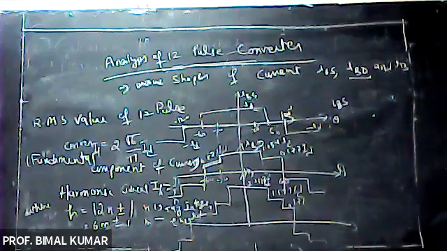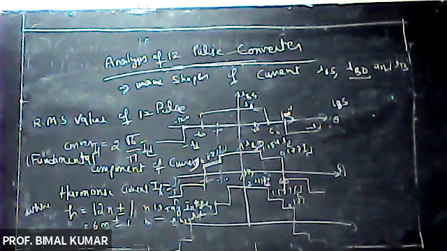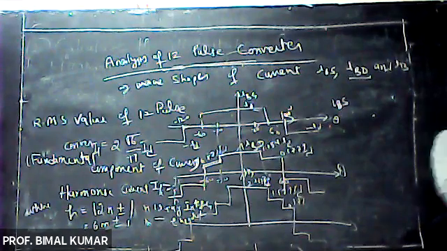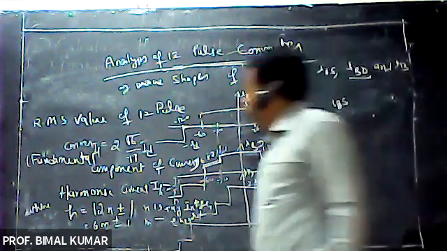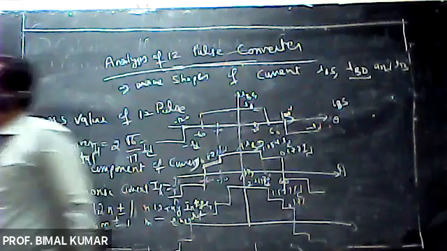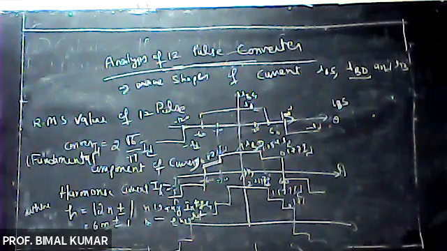This can be generalized to the case whenever m is an odd integer, right? So these currents, these wave shapes represent the different components of the current.